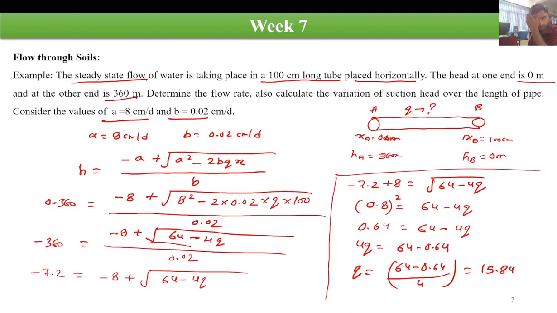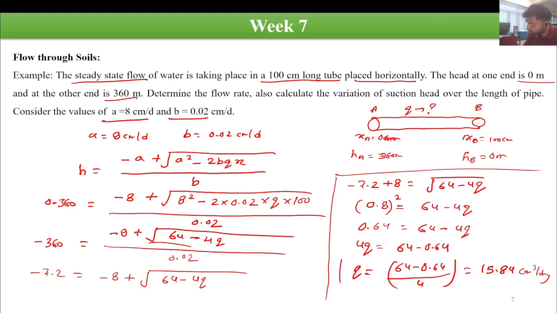So the value of Q is 15.84. And the unit, how will we determine? The unit of A was given as centimeter per day, and everything else was in centimeter excluding the head. Then it is going to be centimeter cube per day, right?